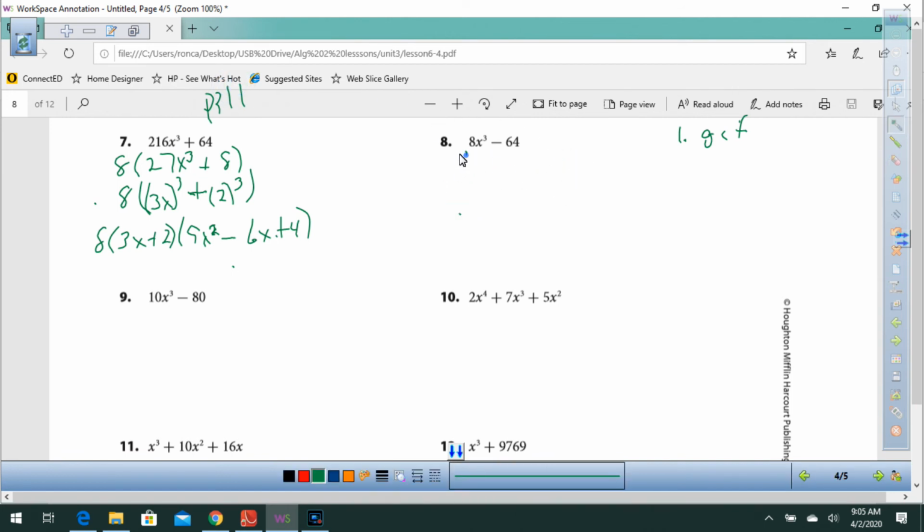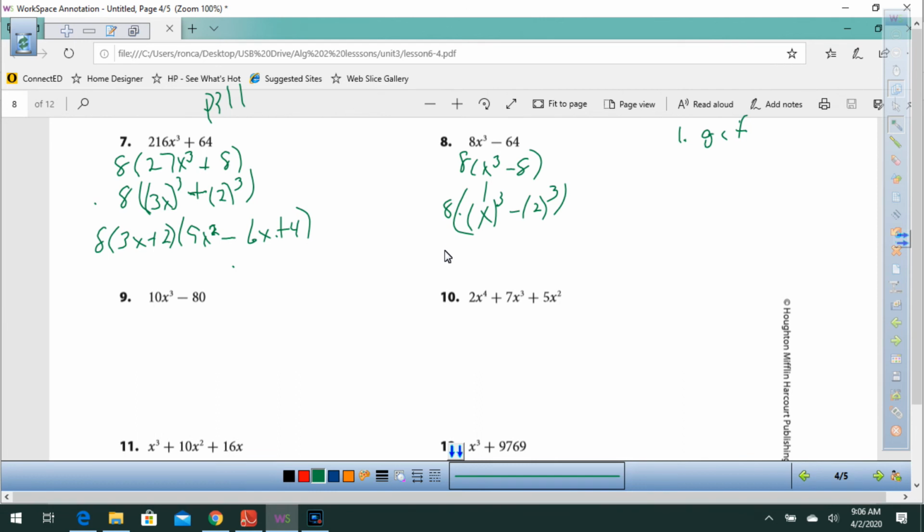So we took an 8 out of here, x cubed minus 8. I was doing square root for some reason over there and started doing it over here as well. We've got x cubed minus, and that's 2 cubed. Okay, so again, we have a difference of cubes.